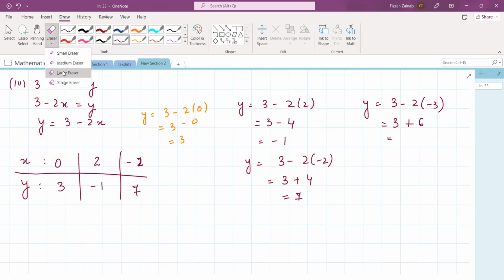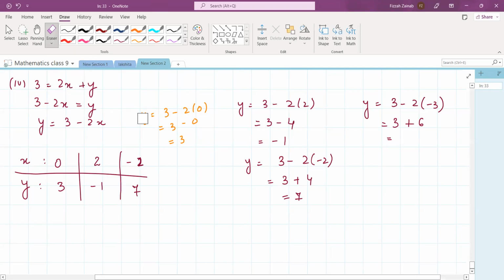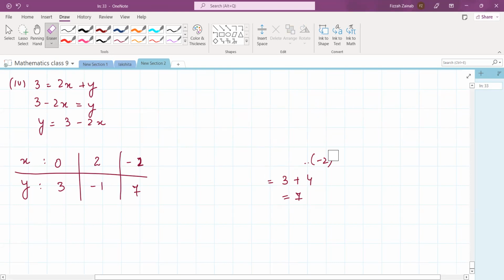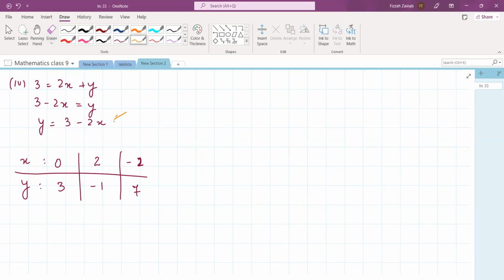So can I just rub this calculation? Let us plot it. So you simply put values of x here and find y. Now you can see I have negative x values and only one negative y value. So draw it accordingly.